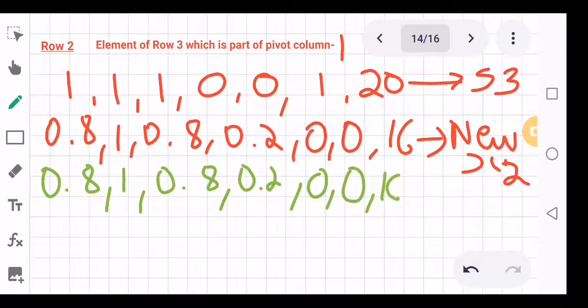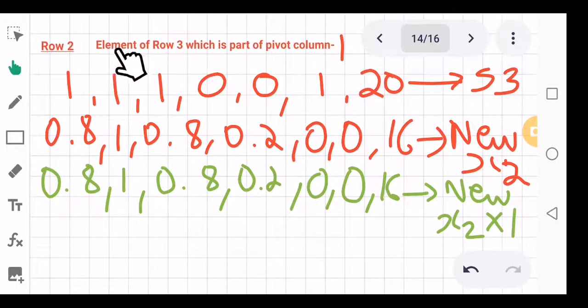We got this by multiplying new x2 with 1, which is the element of row 3 which is part of the pivot column. That's how we got these values.